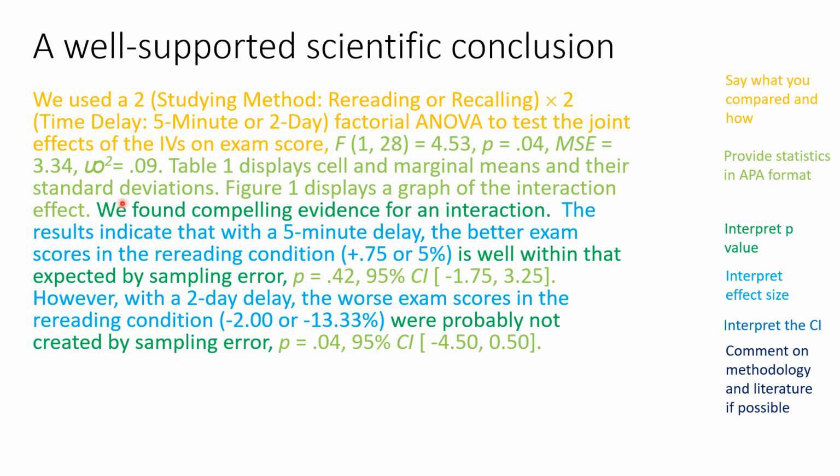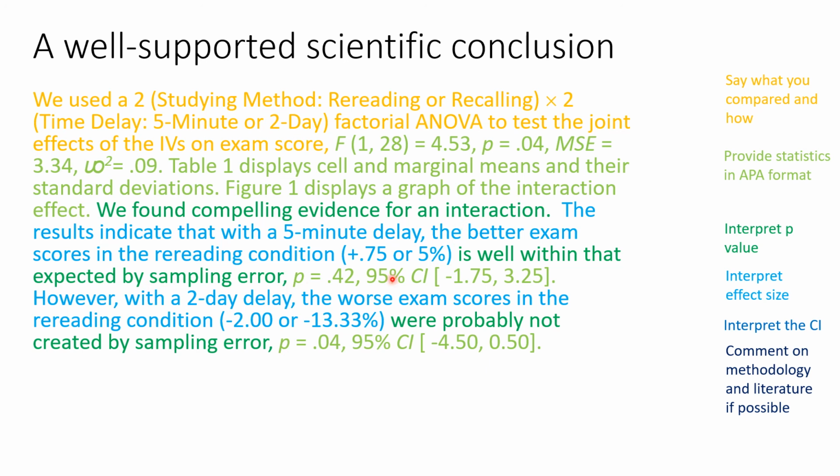The next sentence offers an interpretation of the p-value, telling you that it's compelling for the interaction, referring to this, 0.04. The next offers an interpretation of the effect size. The results indicate that a 5-minute delay, the better exam scores in the rereading condition, is well within that expected by sampling error.